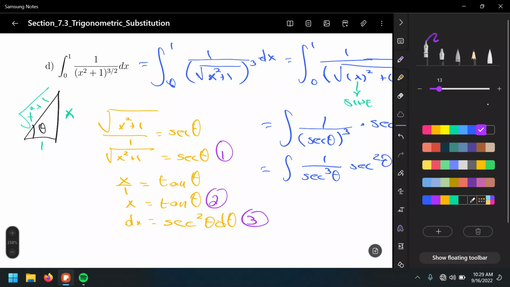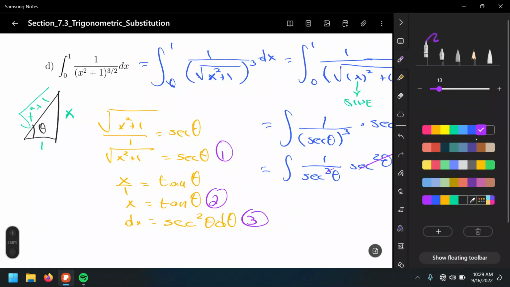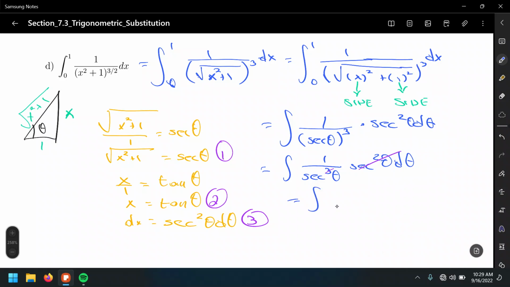See how this reduces really nicely. Cancel the 2 factors of secant in the numerator with 2 out of these 3. So we will remain with 1 factor of secant in the denominator. That means we're going to obtain the integral of 1 over secant.